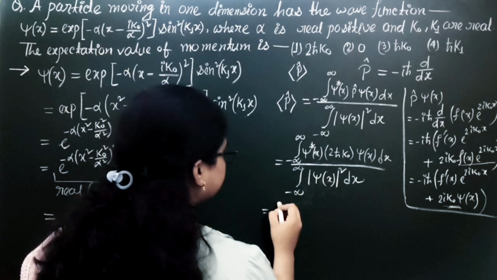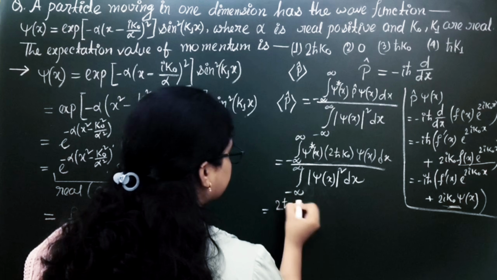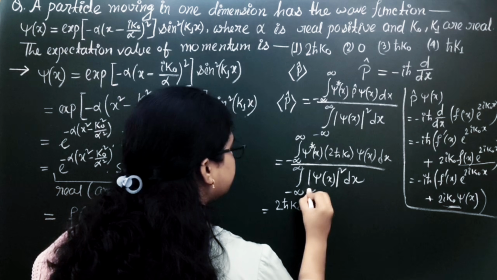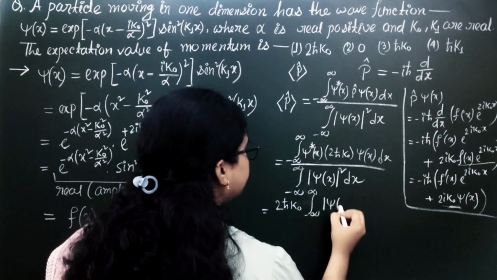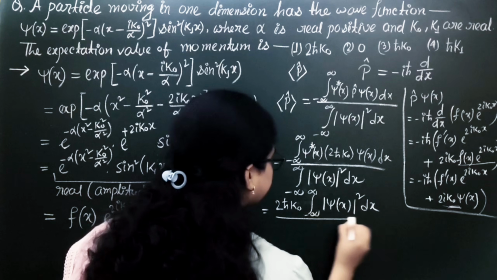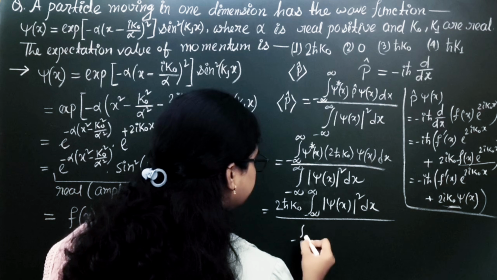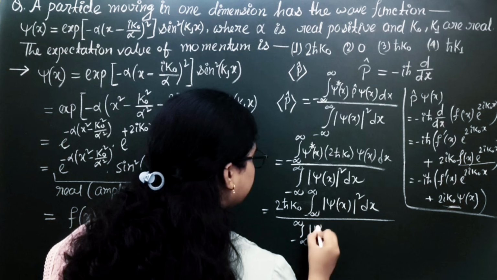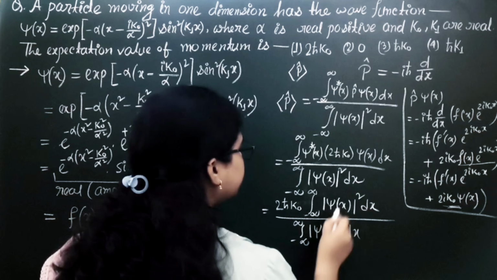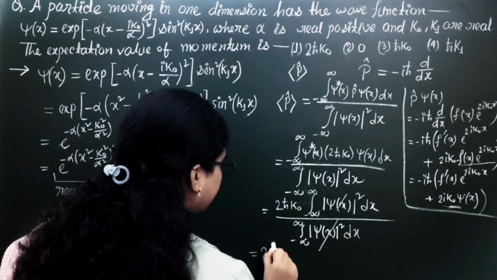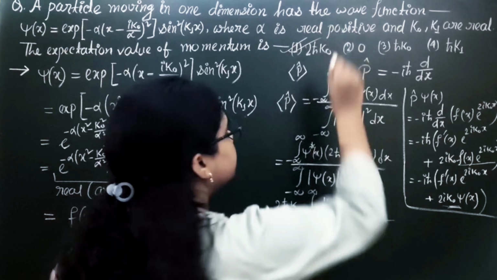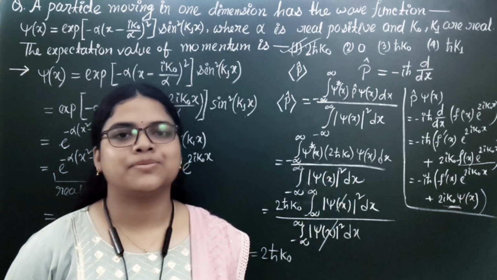Now this term will come out: 2 h cut k naught times the integral of mod psi x square dx by the integral from minus infinity to plus infinity of mod psi x square dx. So this term will be cancelled out and our answer will be 2 h cut k naught. That is option 1. So this is our correct option. Thank you.